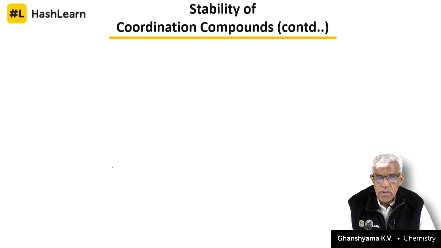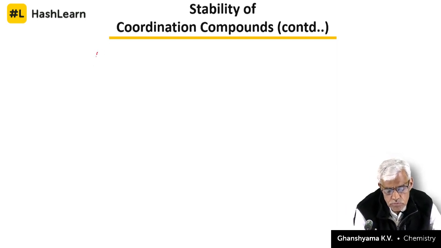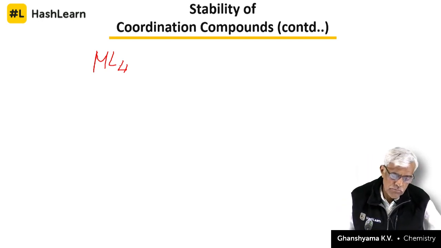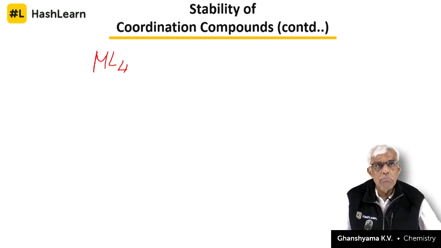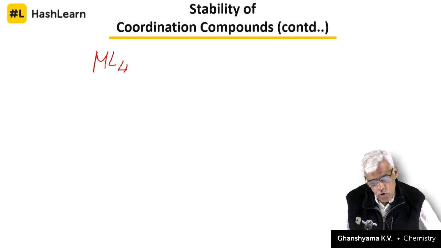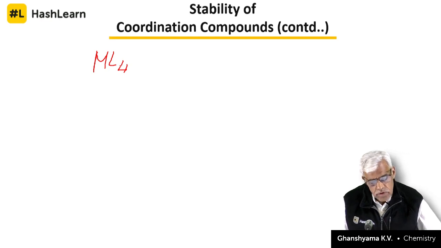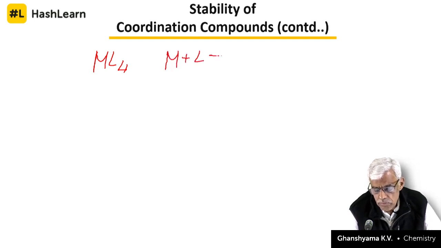Then we'll come to the stability. Suppose we have a coordination compound where metal combines with 4 ligands. Its coordination number is 4. Then the ligands attach to metal one by one. Let us say M plus L gives rise to ML.